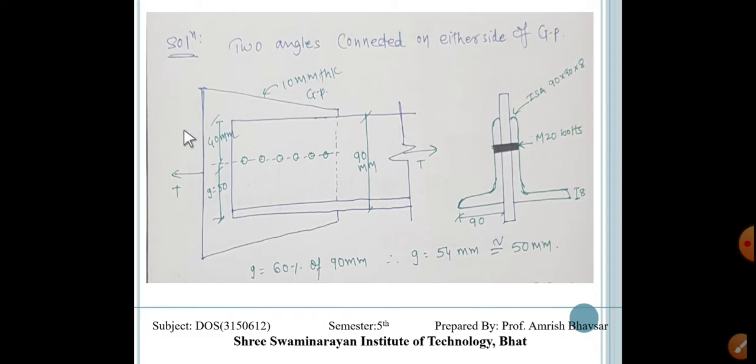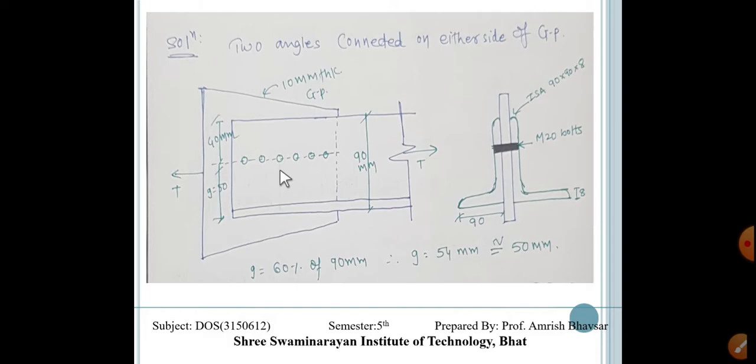The side view of this section is: this is our gusset plate and this is our angle section. The outer outstanding leg is indicated over here, and the number of bolts we don't have right now, so we have just assumed that 5 or 6 bolts are there. Here the depth of this section is 90 mm, this is also 90 mm and the thickness is 8 mm.